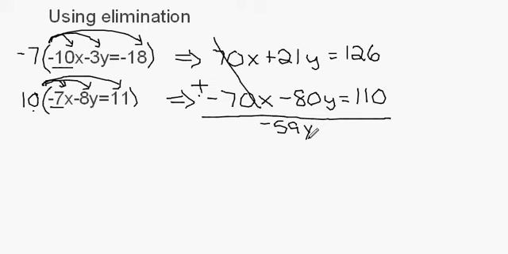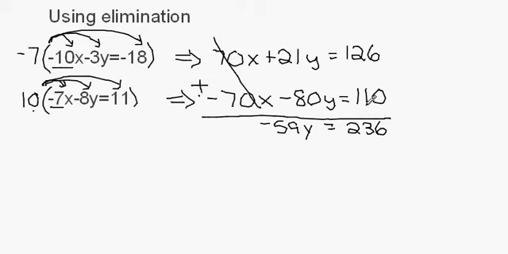Then we do 126 plus 110, which gets us 236. Now you don't want to forget to add 126 plus 110. That's one of the most common mistakes.